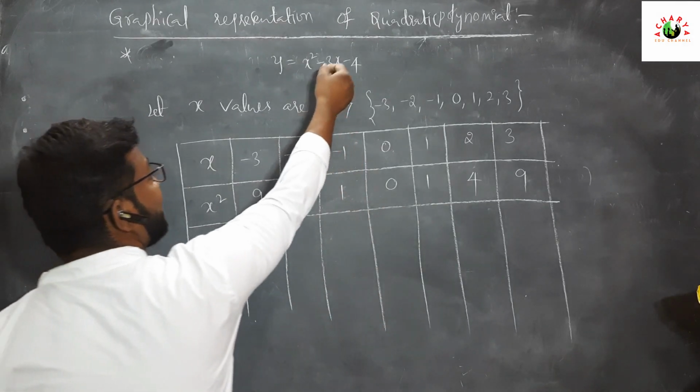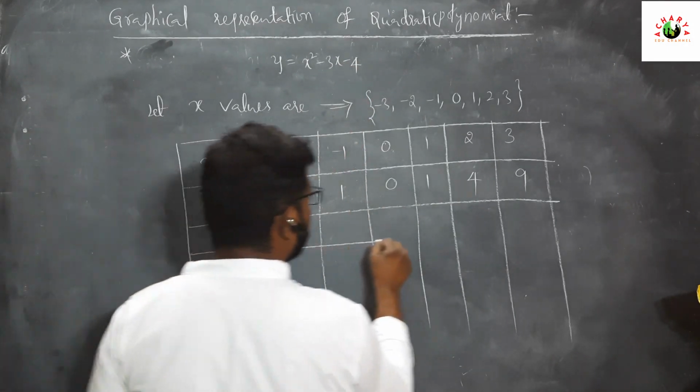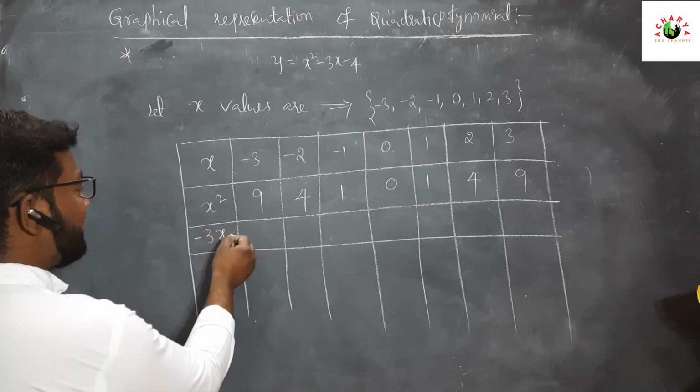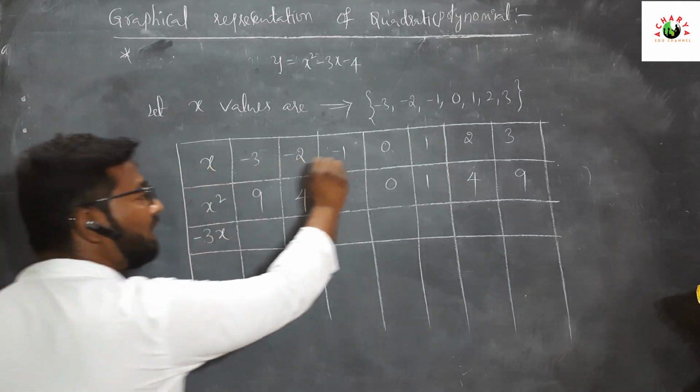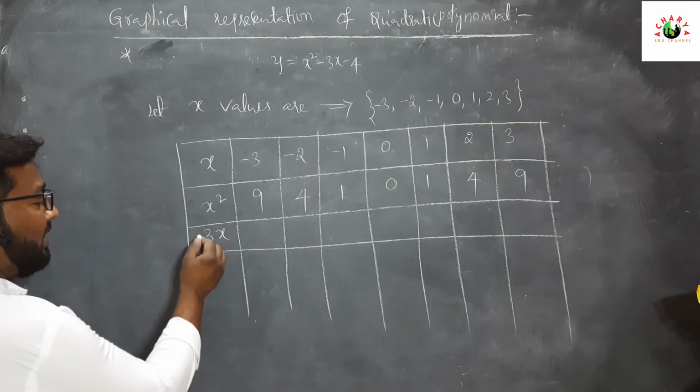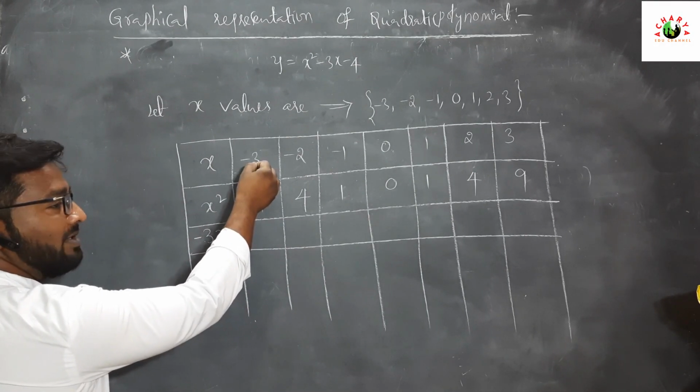Next, minus 3x. Minus 3x means minus 3 into all the x values. Minus 3 into the first x value, minus 3, is 9, since minus into minus is plus. Next, minus 3 into minus 2 is 6. Minus 3 into minus 1 is 3. Minus 3 into 0 is 0. Minus 3 into 1 is minus 3.